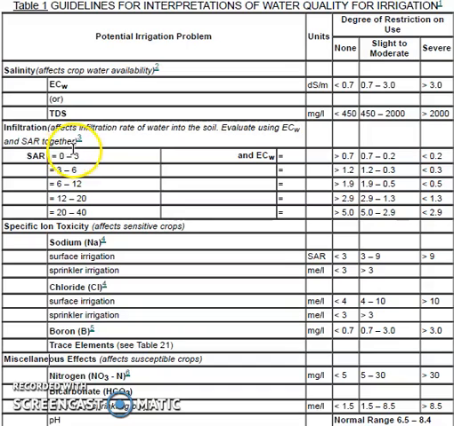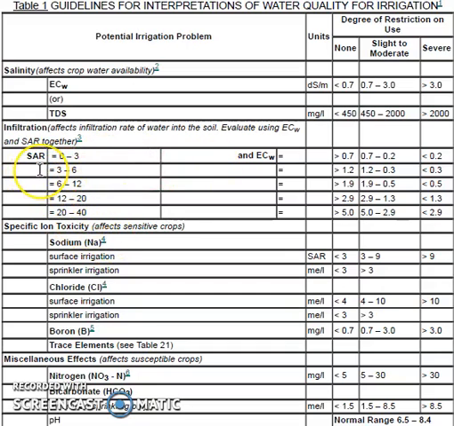Infiltration problem, as I told you before, is related to two parameters. The first is sodium, which is represented as SAR, and I told you that SAR equals the concentration of sodium over the root of calcium plus magnesium over 2.